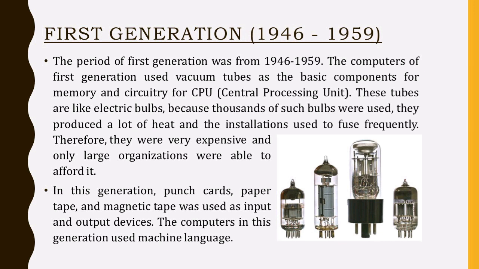Therefore, they are very expensive to use and only large organizations are able to afford them. In this generation of computer, punch cards, paper tape and magnetic tape are used as input and output devices. The computers in this generation used machine language, that is 0 and 1.